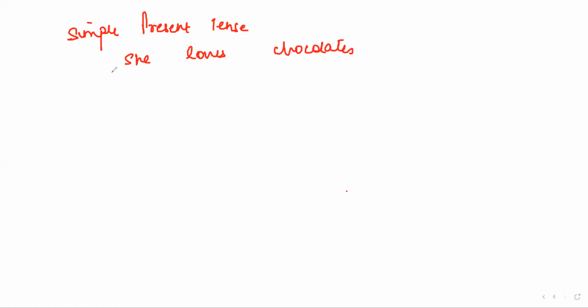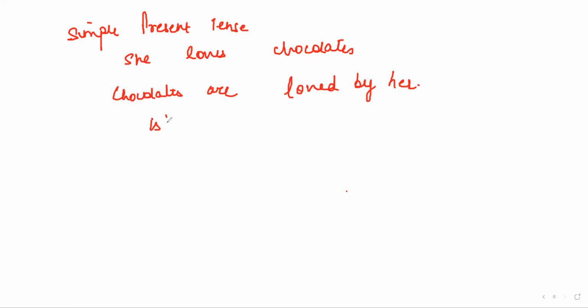The first form is with s, for example, loves, dances, or does. If this is an interrogative sentence, then does she dance? But this is an assertive sentence in simple present tense. Now this will be changed in this form: chocolates are loved by her.